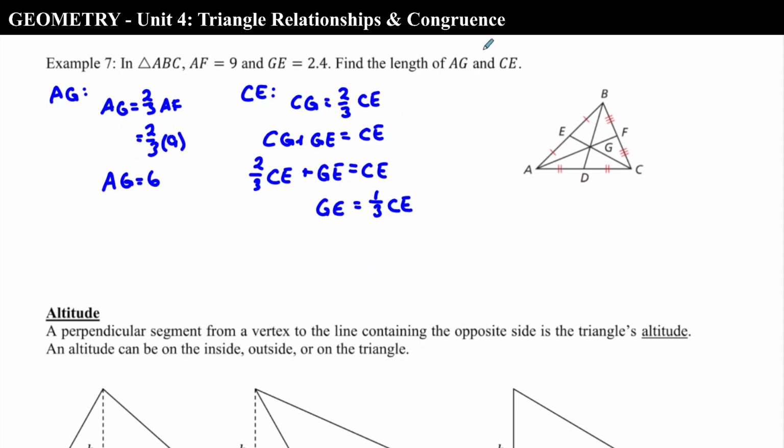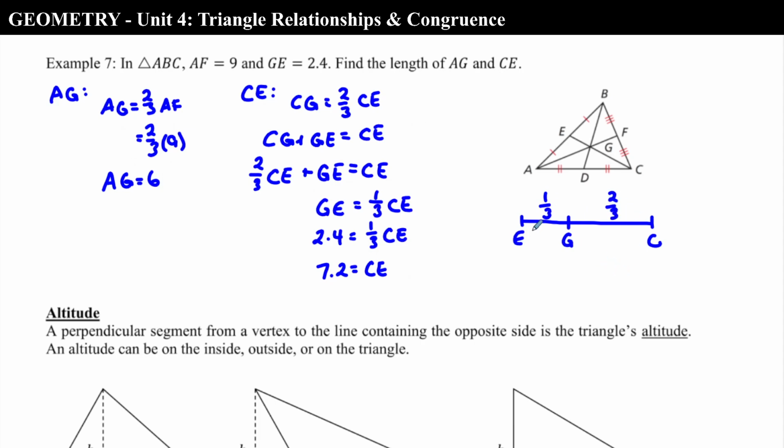Okay? So now GE is 2.4 and CE is what we're looking for. Multiply each side by 3 and you get 7.2 equals CE. Another way to look at this, let's just look at this segment here. CE, C here, and we've got G right here. This is 1/3 of it. This is 2/3 of it.